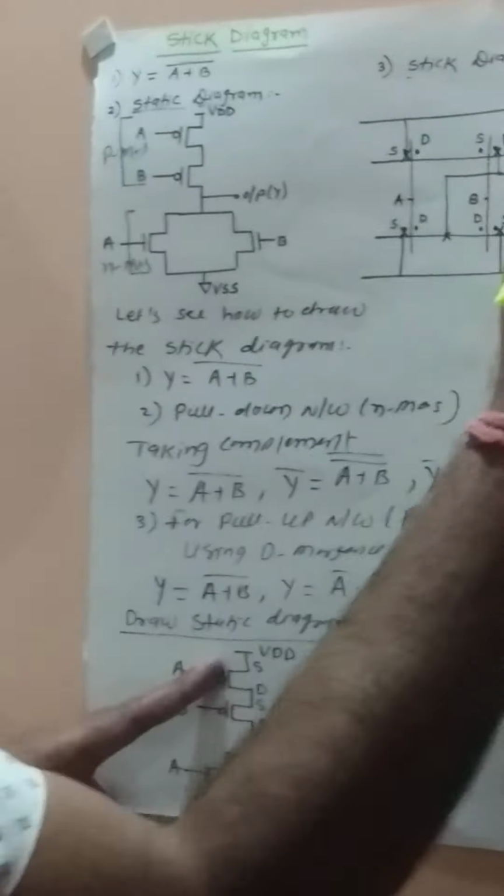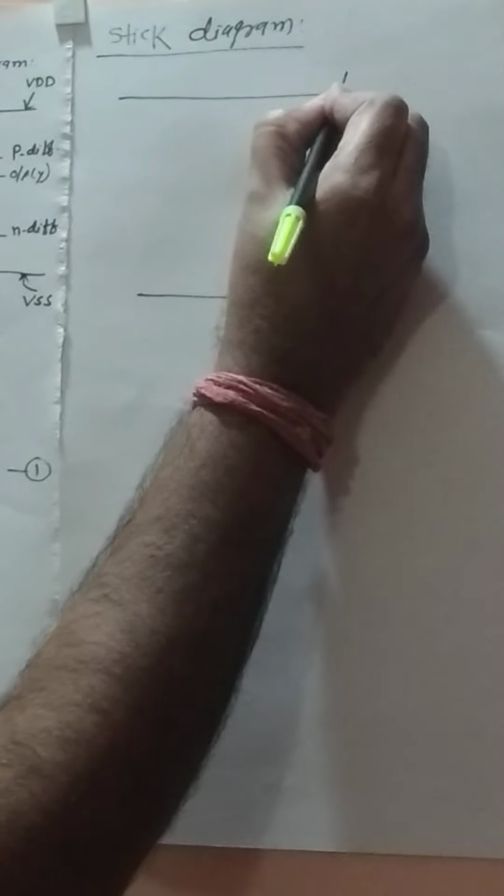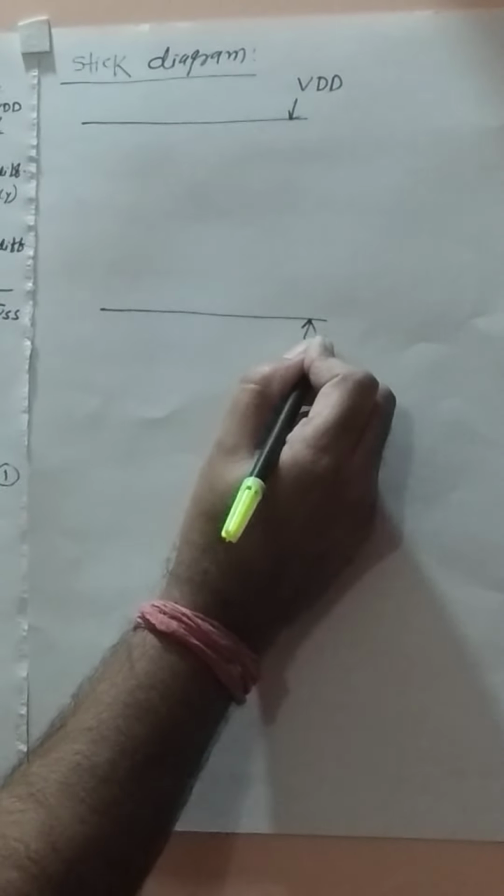First draw the VDD and VSS. VDD is upper. We first draw the upper horizontal line and lower horizontal line. The upper horizontal line is called VDD and the lower horizontal line is called VSS.